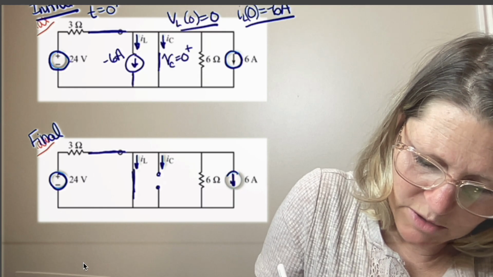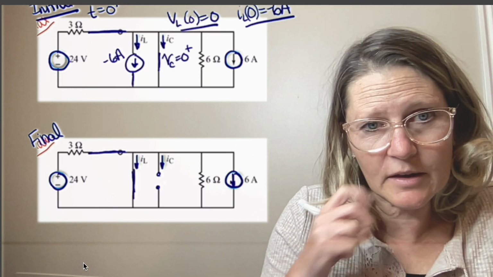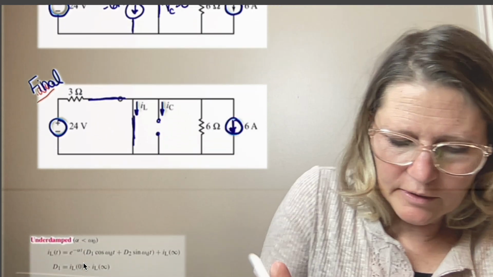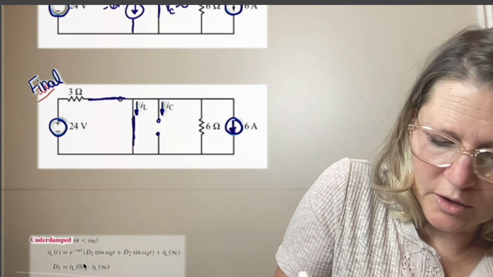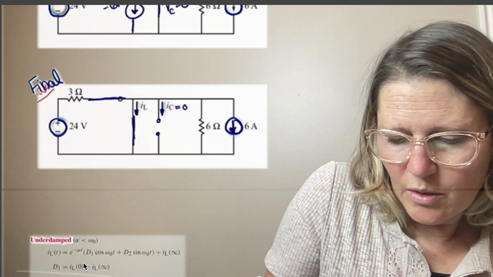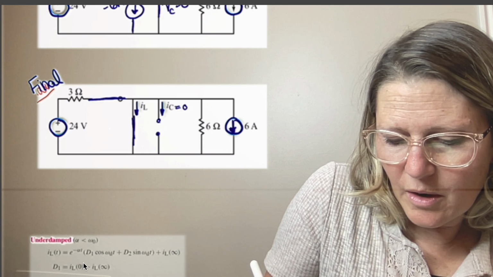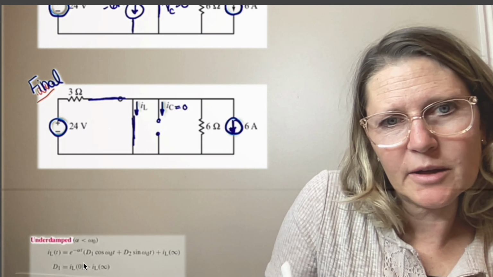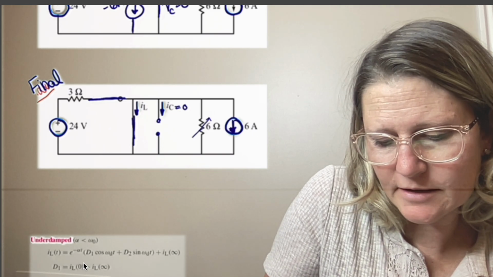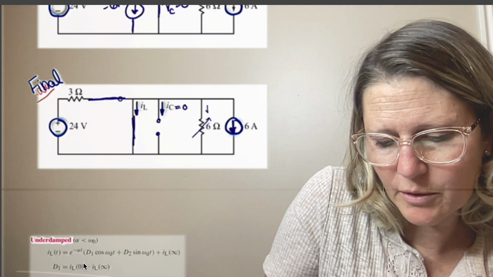So we need to determine what IL is in this circuit. And so no current will be flowing through IC. Again, that wire in parallel with the 6 ohms is just ignoring it. So there's no current also going to flow here.